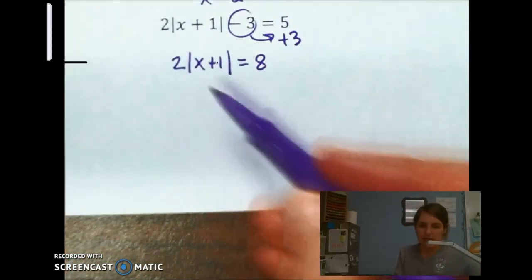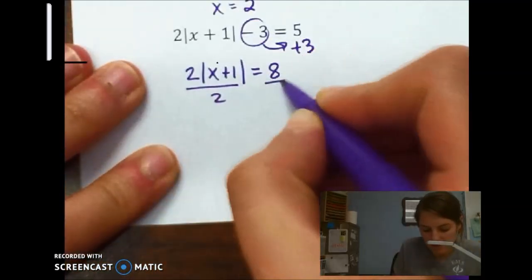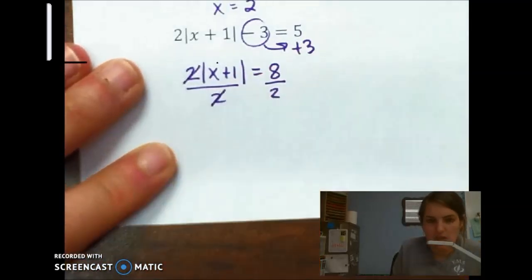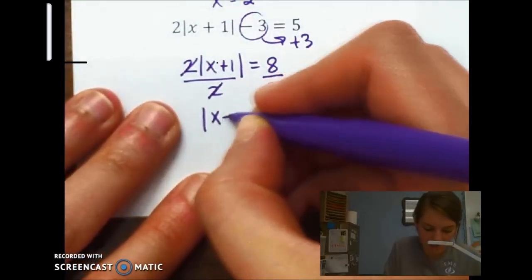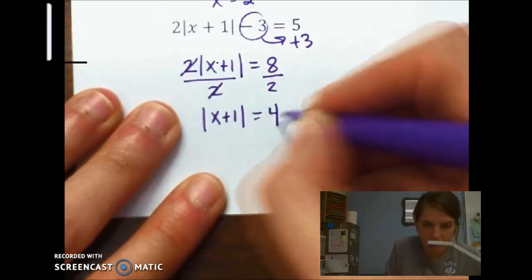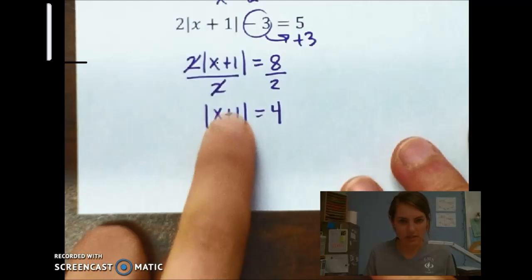Then we want to isolate the absolute value. We want to move this 2, so we're going to divide by 2 so that the multiplication of 2 cancels, and then we have absolute value of x plus 1 equals 4. And then we might have to switch back to looking inside in order to solve this one.